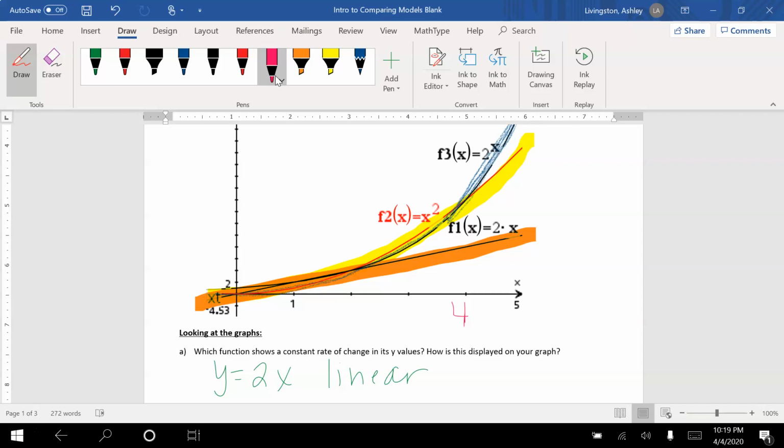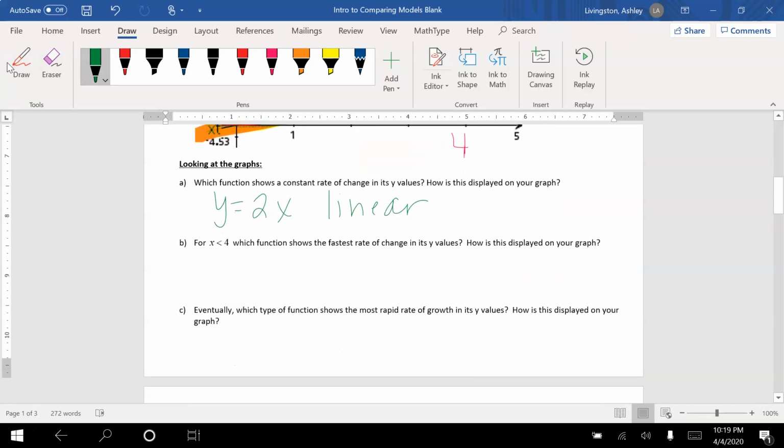So if we're just looking from 0 to 4 there, I see the one that is moving the fastest is this guy here, my quadratic function. So this is going to be y equaling x squared, which is quadratic, as it's displayed on my graph.